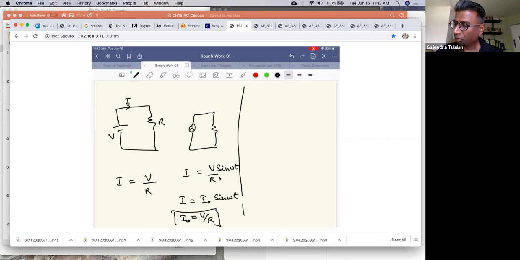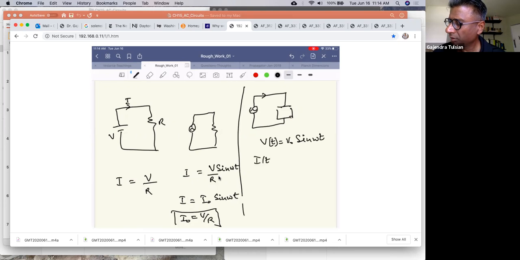Okay, now if you connect an AC source to a general circuit, I'm going to draw it as a black box. Your voltage is the amplitude of the voltage times sine omega t. And the current is generalized as V naught divided by Z times sine omega t minus phi.